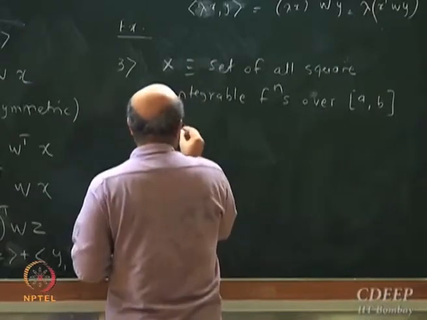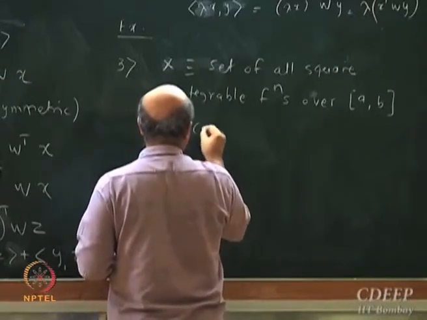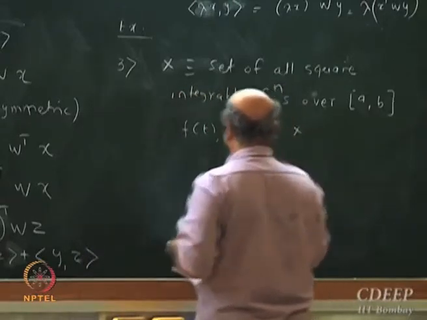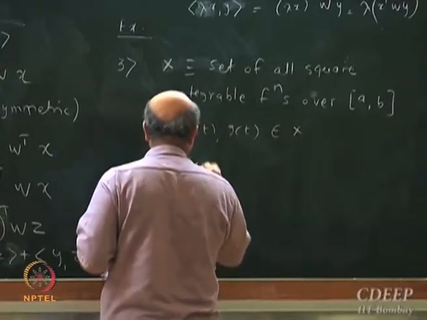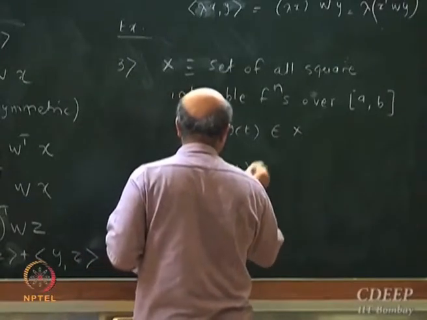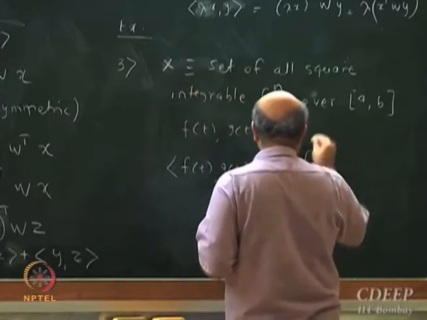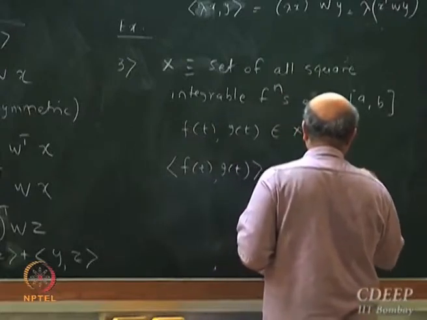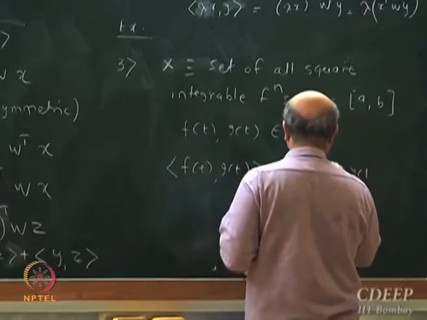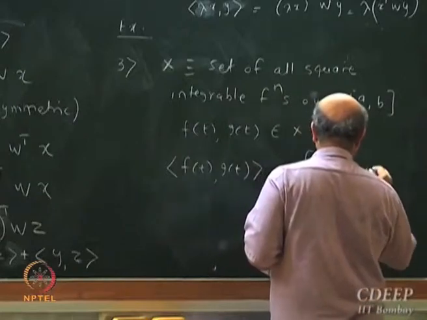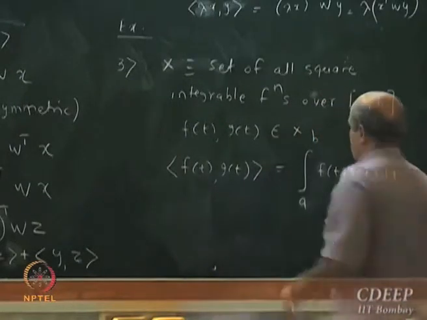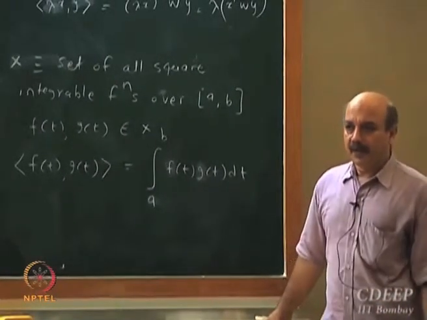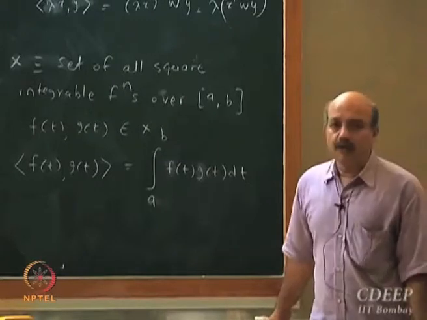So if I am given any two functions, say f(t) and g(t), that belong to X, the set of all square integrable functions, then I can define an inner product between f(t) and g(t) as integral from a to b.